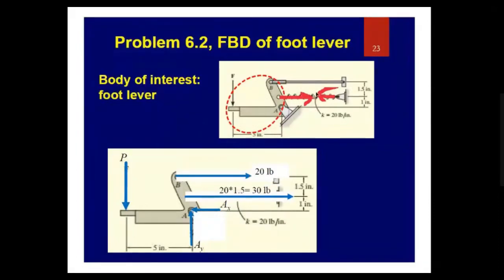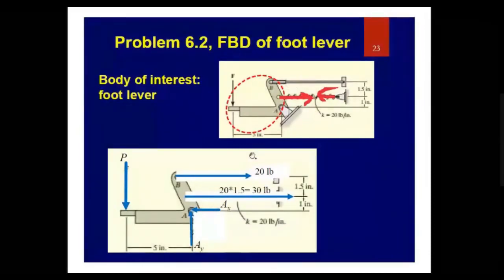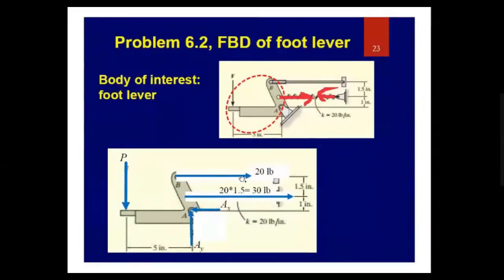And in this case, you can also see that this link is stretched, so that's why I have shown a tensile force over here. So this is the complete free body diagram of this lever, showing the applied loads as well as the reaction forces. And in this case, we have two unknown forces, AX and AY, and also the applied load is unknown. So three unknowns.